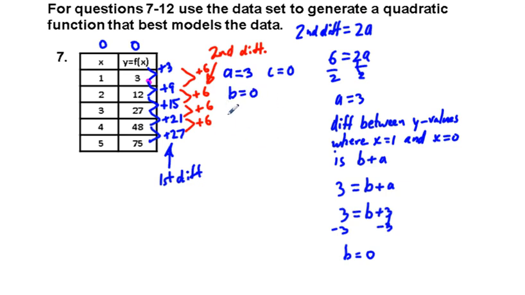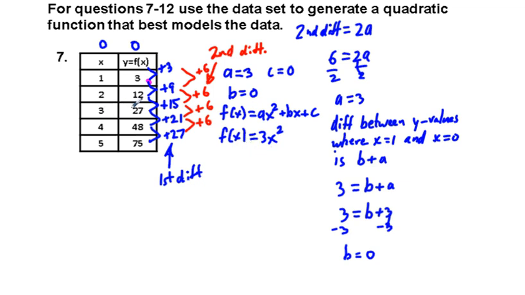So accordingly, we have f of x equals ax squared plus bx plus c. For this specific instance, f of x equals 3, since a is 3, x squared, plus bx, well, b is 0, plus c, c is 0. So this would be our function. And we could just test it out.